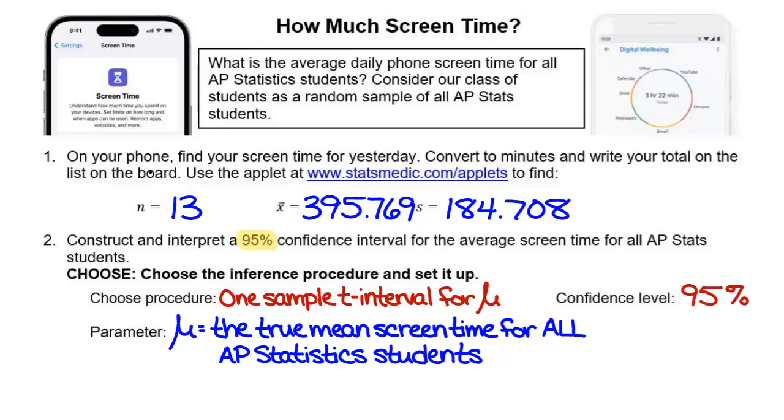Do we get random? Yeah. Why? Yep. It says up here, consider our class of students as a random sample of all AP Stat students. So we're going to go ahead and treat that as a gimme. We're assuming that you guys are pretty average, pretty normal as far as screen time goes for all AP Stat students.